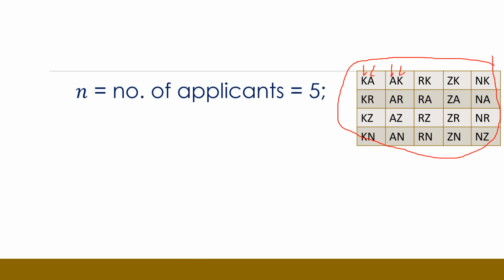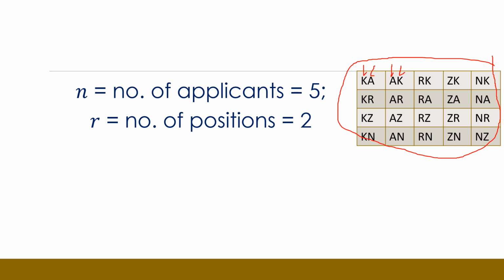So if we are using permutation, then the number of applicants is equal to 5, which gives us n, and the number of positions to be filled is equal to the number of arrangements we are making, and that is 2. So r is 2, n is 5.